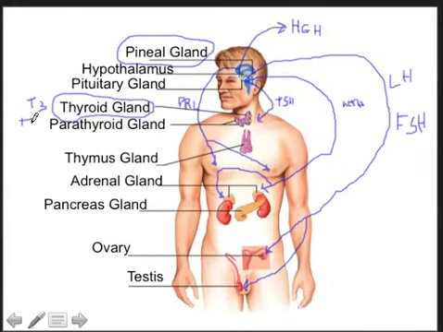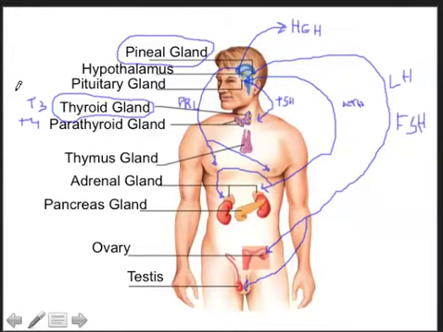The 3 and the 4 indicate the number of iodine atoms in each of these hormones. And what these hormones do is they accelerate your metabolic rate, which is basically the speed with which you burn your stored fat. So if you have a lot of thyroxine and T3 being secreted, your body fat percentage is going to go down, and you're going to generate lots and lots of energy. So you'll tend to be lean and mean and have a rather high body temperature and low body weight.